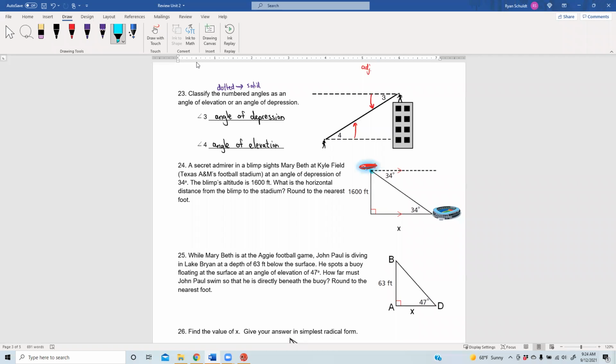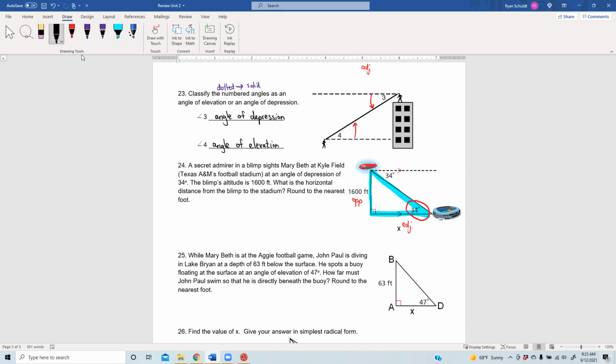So they were nice enough to give us the triangle to focus on. Okay, so 34 is our angle down here. How does this x relate to it? It's adjacent. What about the 1,600? It's opposite.